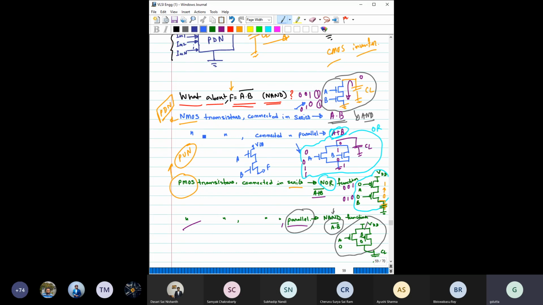But suppose if you want to make a general understanding from here, then when both are 1, only then this output is going to be equal to 1, isn't it? So from that perspective, yes. But you are right, I agree with your point. If this is the circuit that we are considering for this purpose, then it should be NAND only.